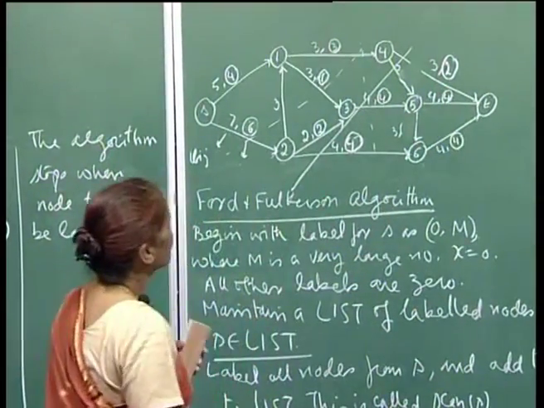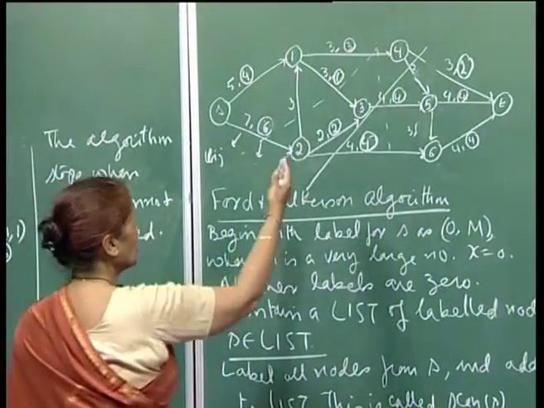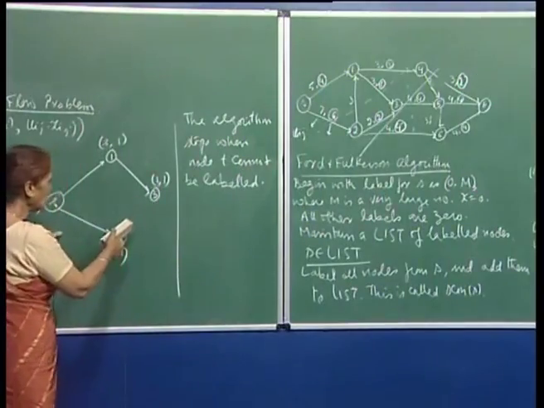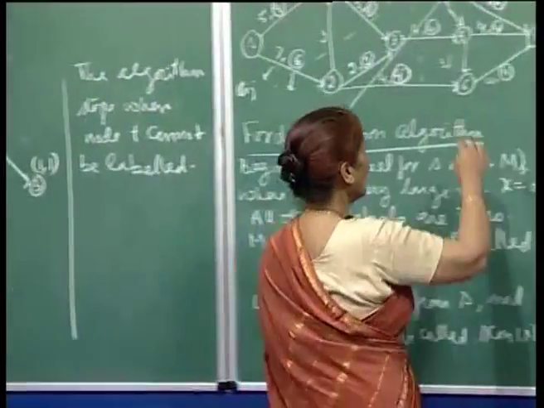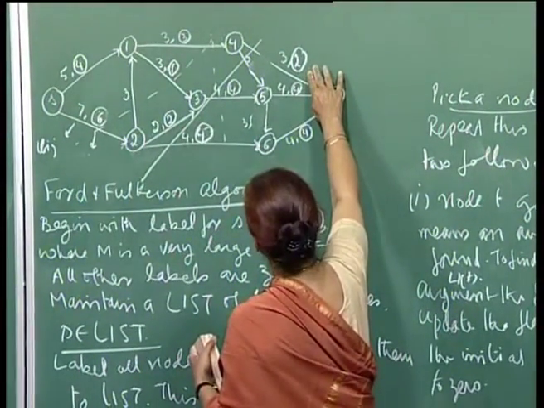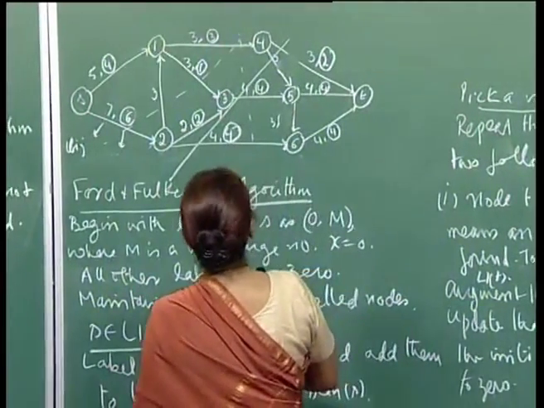Oh, so that means there is something missing. This is a good check, that means my algorithm should not stop here right now. Currently the flow is 10 units, but I should be able to, why didn't somebody correct?